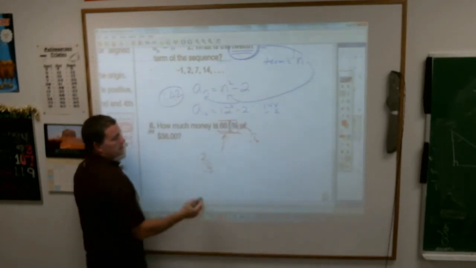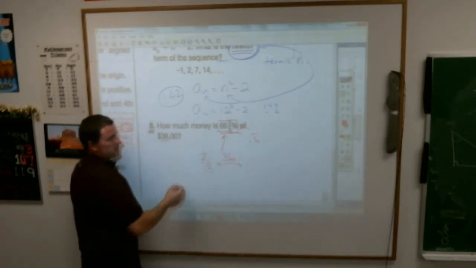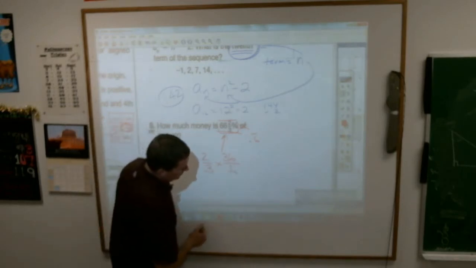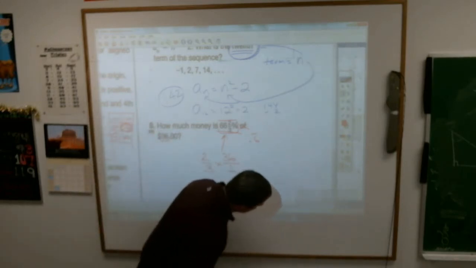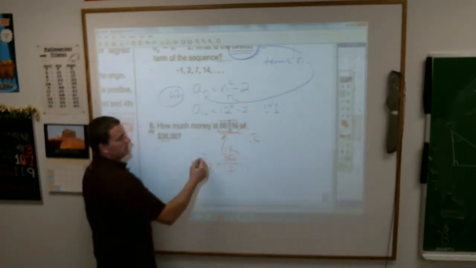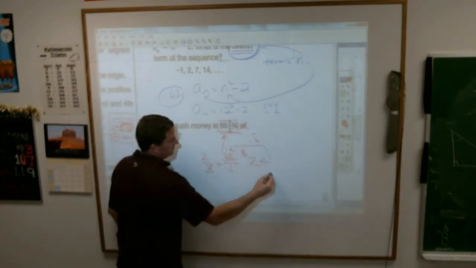Of is multiplication, 2/3 of $36. 3 goes into 36 12 times, and 2 times 12 is $24.